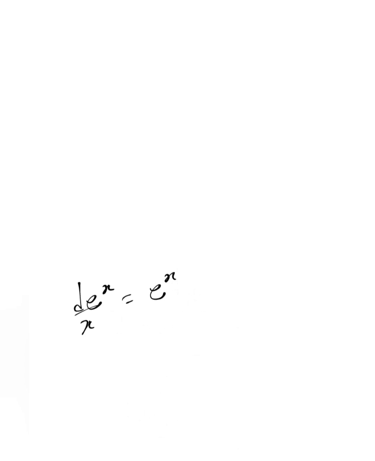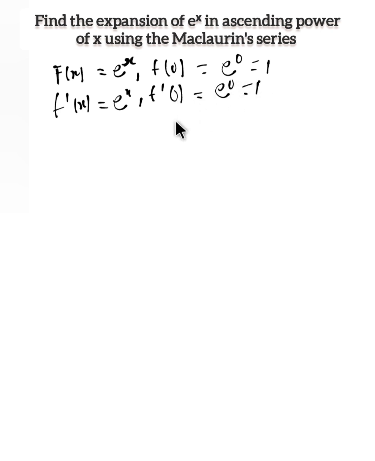So this one is quite easy. Hence f of 0 will be equal to exponential 0 equals 1. Then f prime of x, if you differentiate this, is also equal to the exponential of x. So f prime of 0 is equal to exponential 0 equals 1.